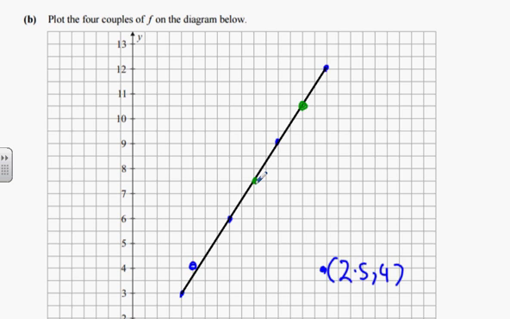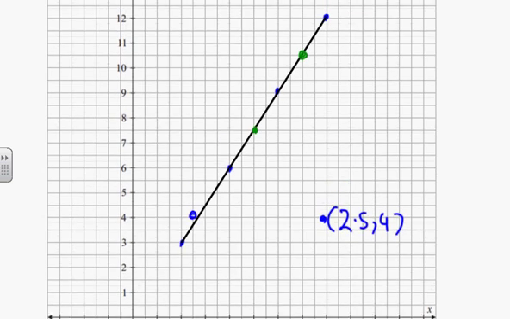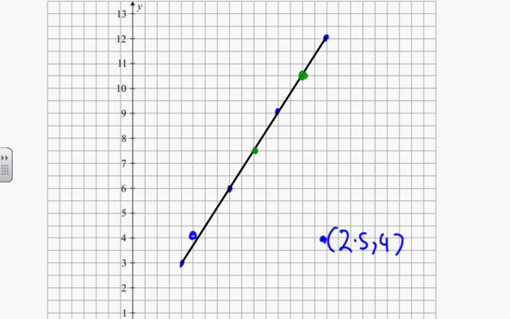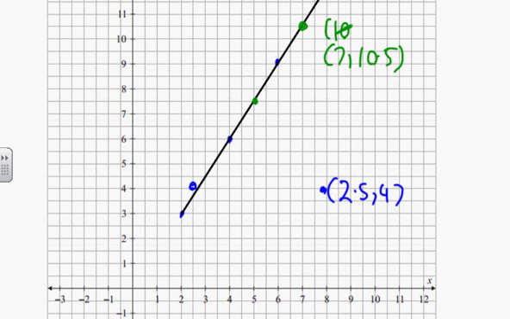I think that's 7 and 10.5. And another one, this one here, 5 and 7.5. Or anything on that line. Just pick a point on that line and you get the answer.